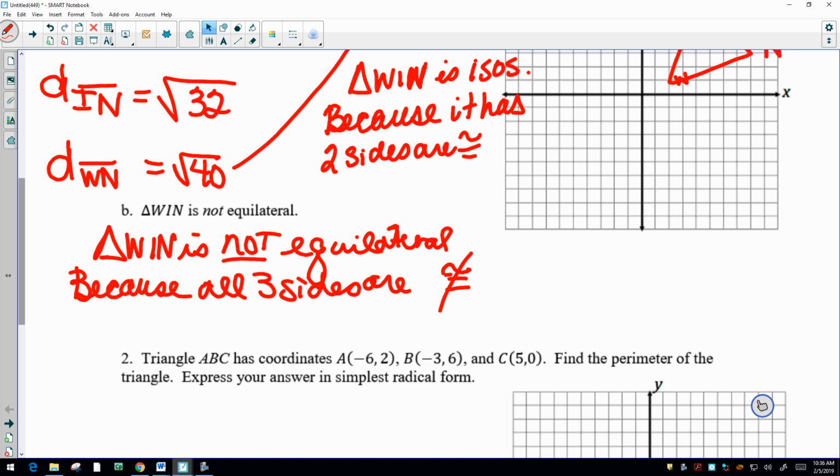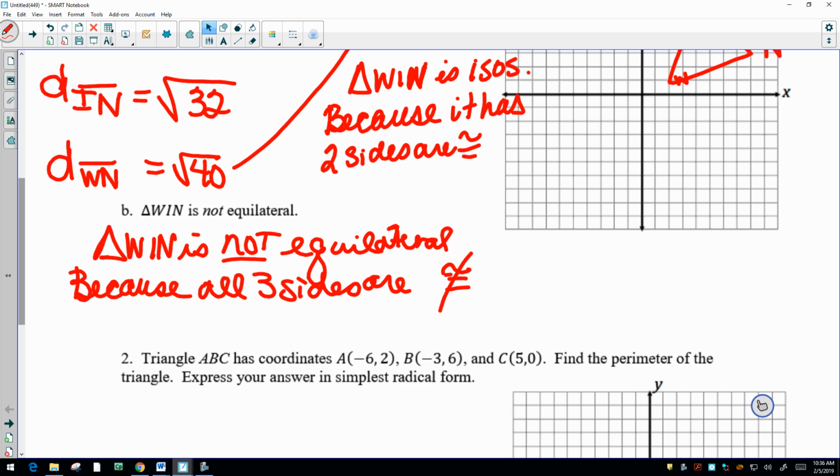In order to be a right triangle, it must have a right angle. How do you prove right angles? Perpendicular lines, so I'd have to test slope. I would find the slopes of the three sides, and two of the three should be flipped and negated. There's your right triangle.